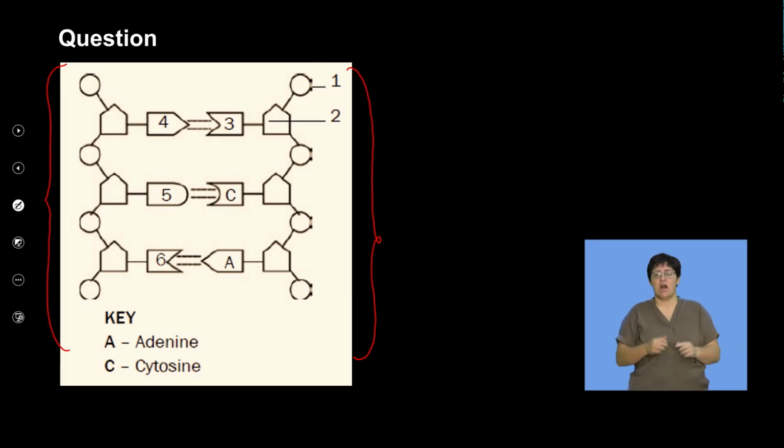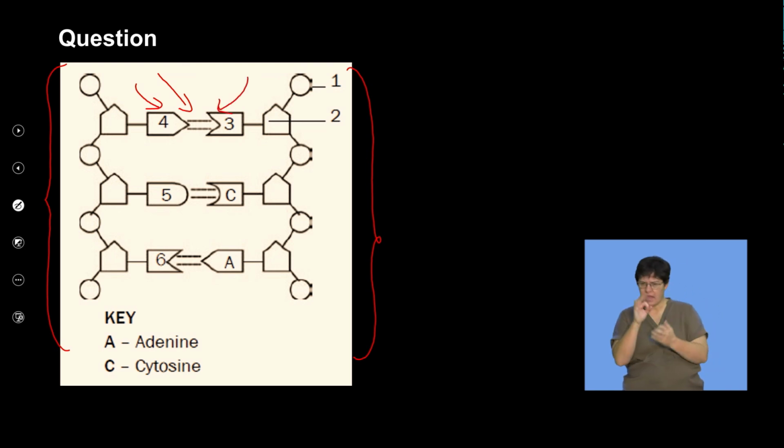We've got some structures that are labeled, and these clearly indicate a specific shape, and these shapes are unique in that you can see that only this structure number 4 can connect with number 3, and so that uniqueness is based on the complementary base pairing.